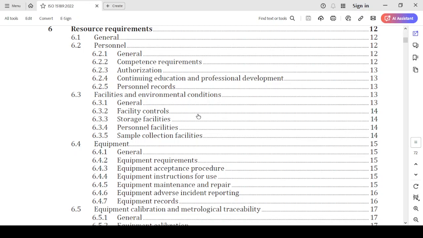So it gives you the different structure requirements that you have to implement with regards to the facility. Okay, and then this international standard comes in and tells you that these are the main requirements that you should implement across those facilities.